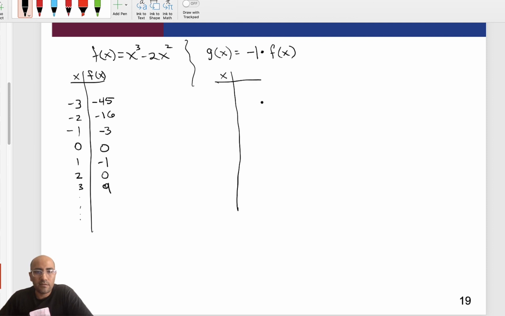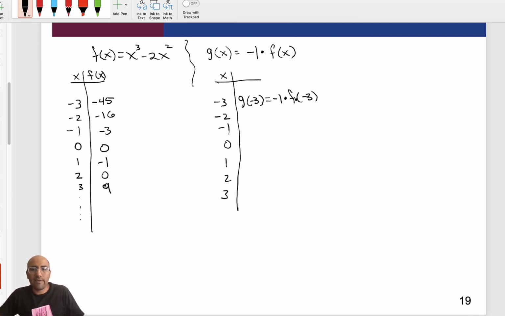Well, if we create a table of values, again we can have the same ones, -3, -2, -1, 0, 1, 2, 3. At -3, the new function g of -3 is equal to -1 times f of -3.